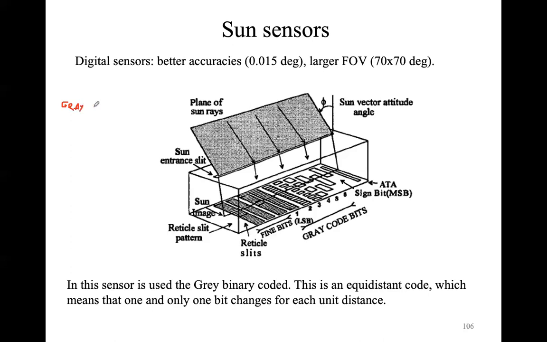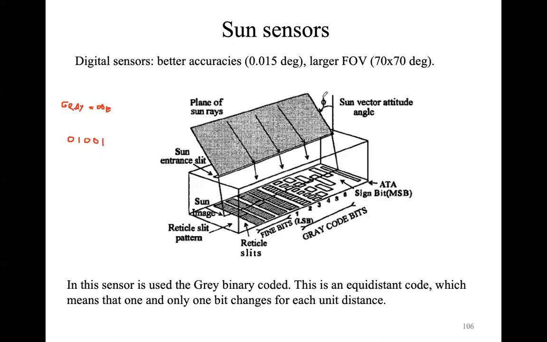Gray code means that, for example, you have first the 14. Basically, the angle is changing by a certain quantity. So you're starting from a signal that is 1, 0, 0, 1.